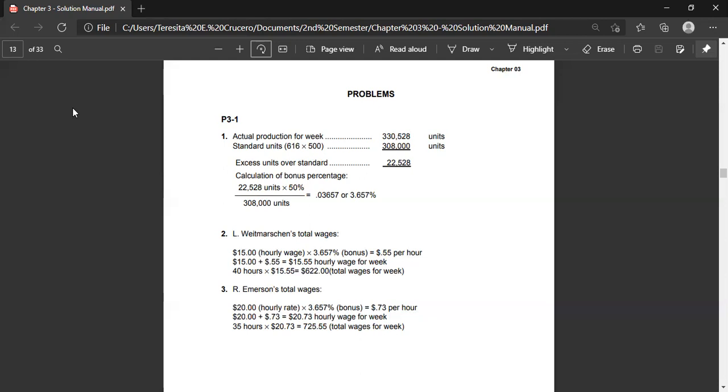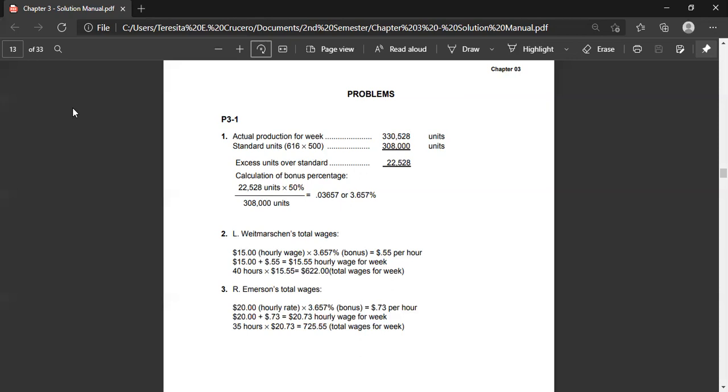For requirement 2, what are the total wages of Lu Marchen who worked 40 hours at a base rate of $15 per hour? So we have now 15, the hourly rate, multiplied by 3.657%. The bonus is 0.55 per hour.